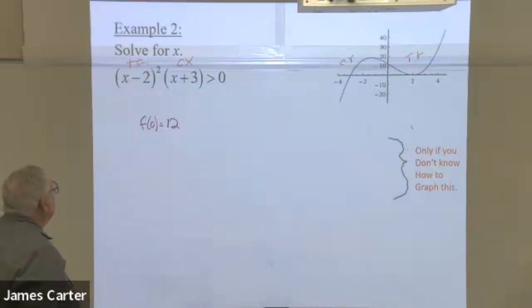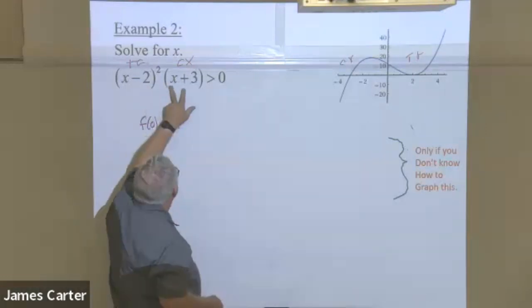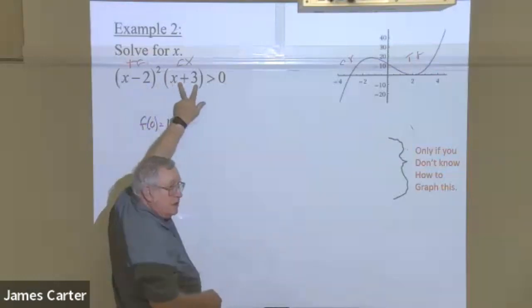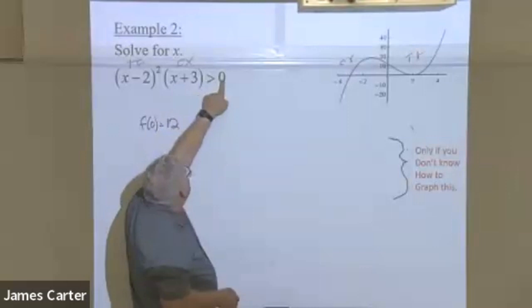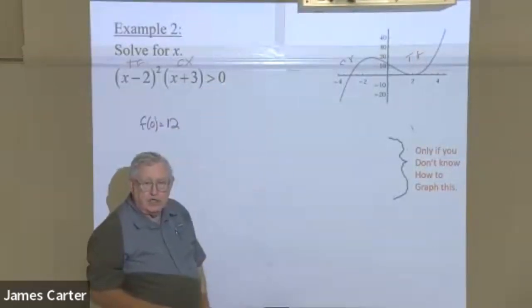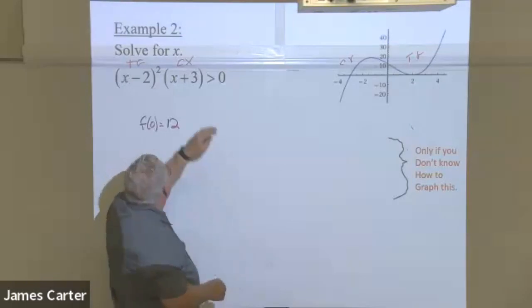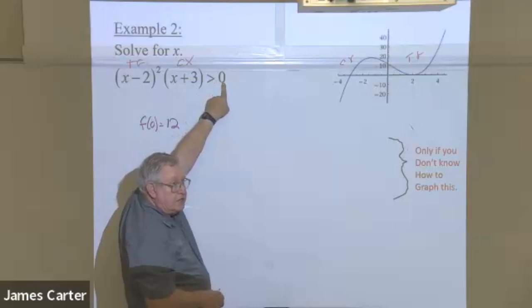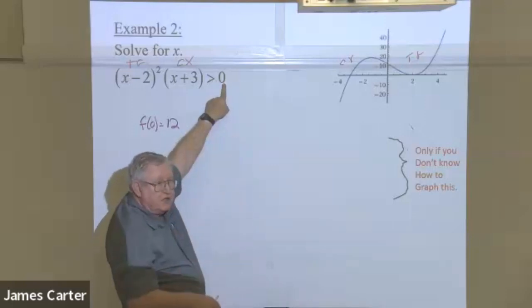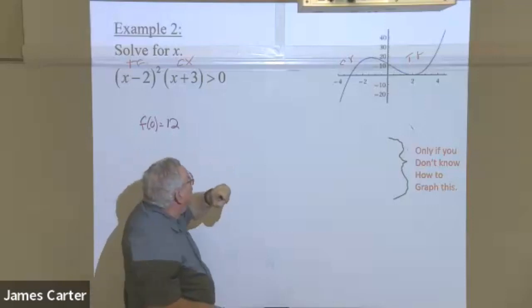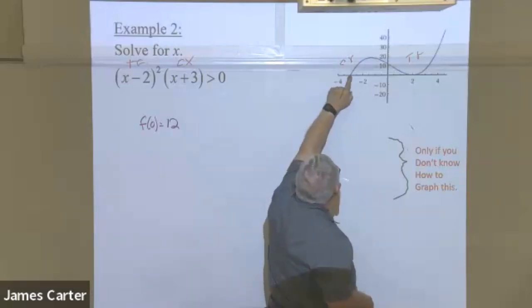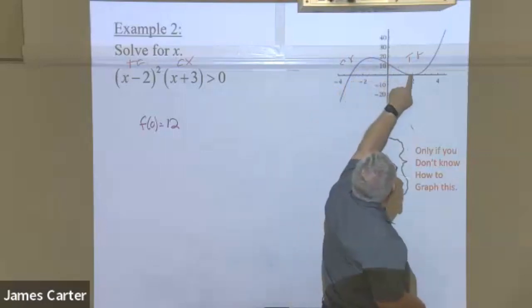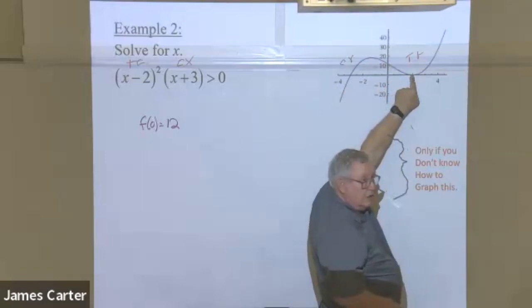Now, here's the question this is really asking. What part of the graph of this equation is above the x-axis? That's how you translate that question. What part of this equation is above, but not including the x-axis? Because this is y values bigger than 0. Okay? Well, everything from -3, but not including the -3, over to here would be included.